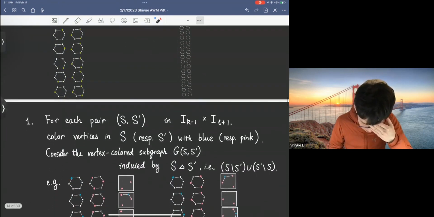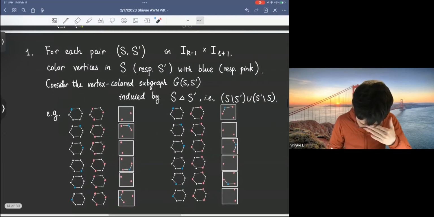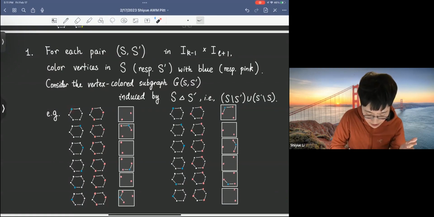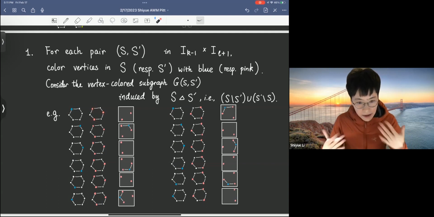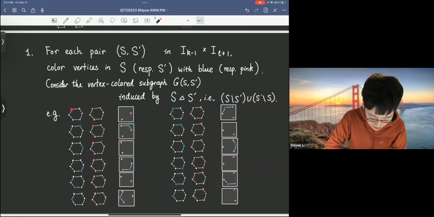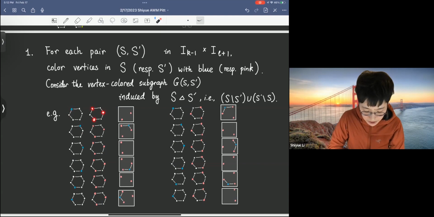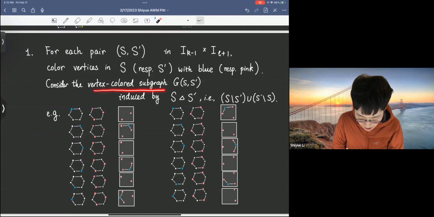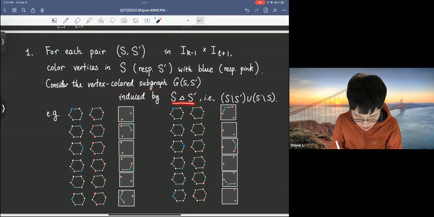So here is one strategy. Namely, we want to create, for every pair of an independent set of size 1 and an independent set of size 3, a pair or maybe a lot of pairs of independent sets of cardinality 2 and 2. First you take a pair and color the first independent set with blue, and color the second with red or pink, and you consider the vertex-colored subgraph that's induced by the symmetric difference.